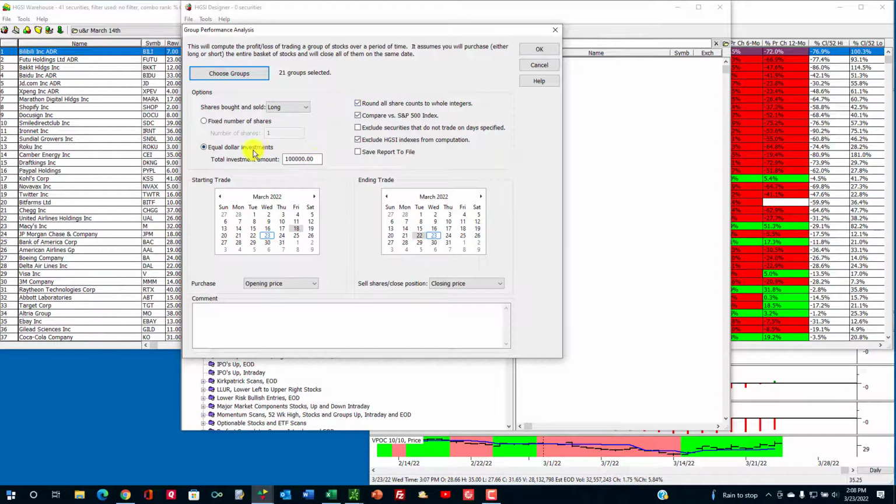I'll select OK, and so I'm doing this from the 15th, and that would be the opening price on the 15th, through yesterday, the 22nd, and the closing price. I'm rounding all share counts to whole integers and comparing the S&P 500, excluding the HGSI groups, and this is with $100,000.